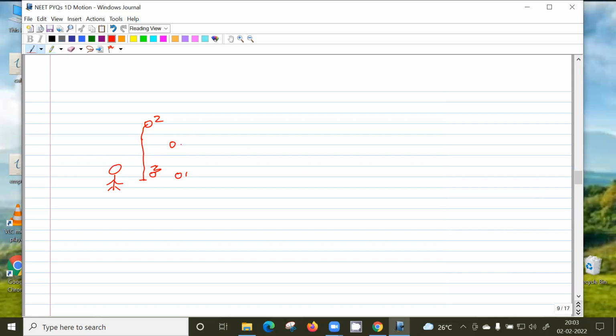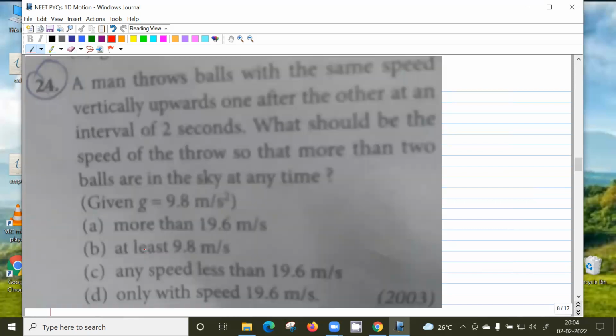So let the second ball be here, and let this be the third ball, and when the first ball is coming down to his hand level, he should have thrown the fourth ball upwards. So only then 3 balls will be in the sky. Is it clear? Yes, sir. More than 2 balls, so let us assume 3 balls.